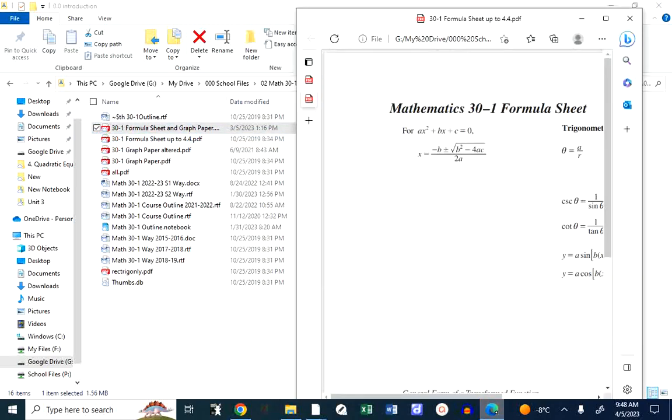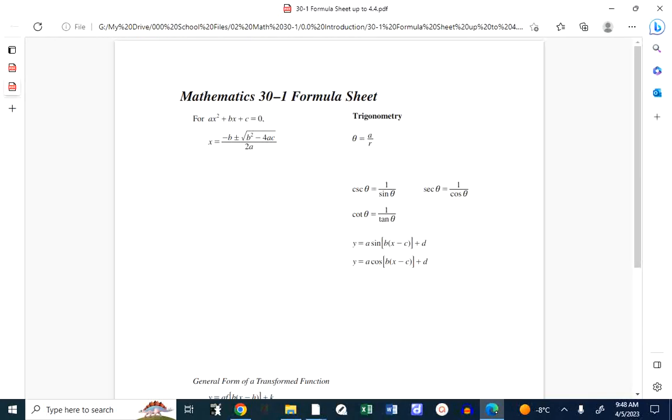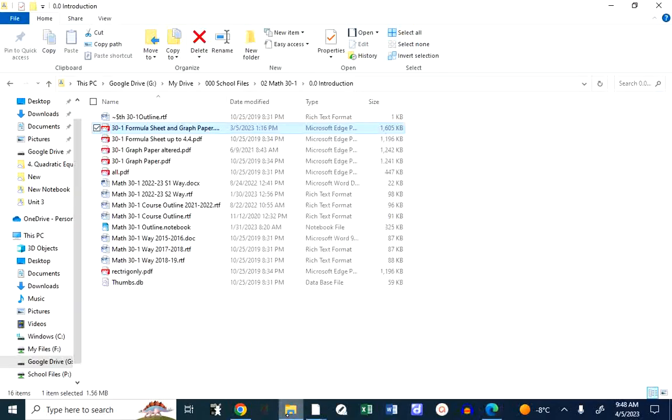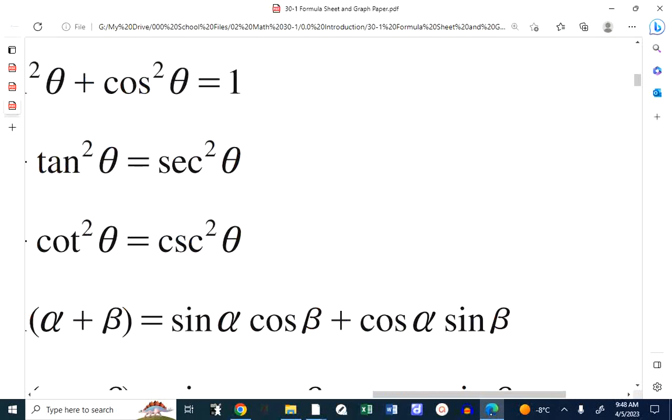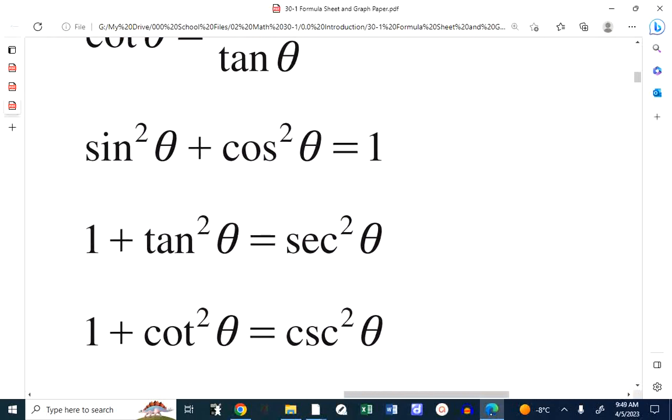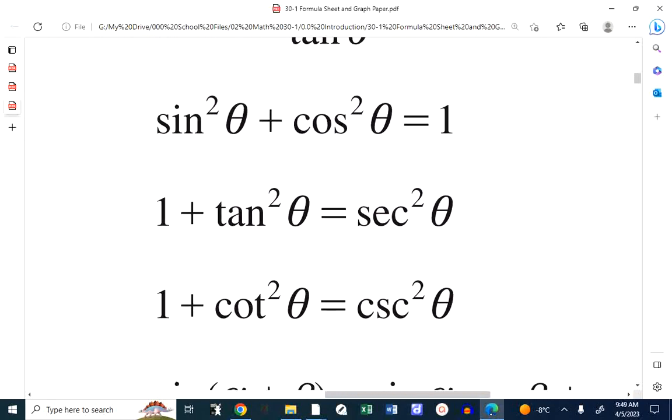The Pythagorean identities are these 3 identities that are in the center of the screen. And what makes them recognizable to me is they all contain the number 1, and they all contain squares of trigonometric ratios.